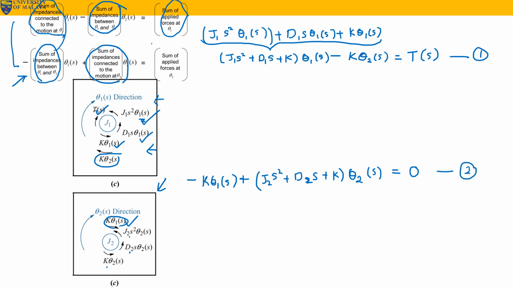Similar to the mechanical translational system, we can write equation 1 and equation 2 in terms of a matrix. So writing this as a matrix operation, we can write this matrix equation. The first matrix is a 2 by 2 matrix.